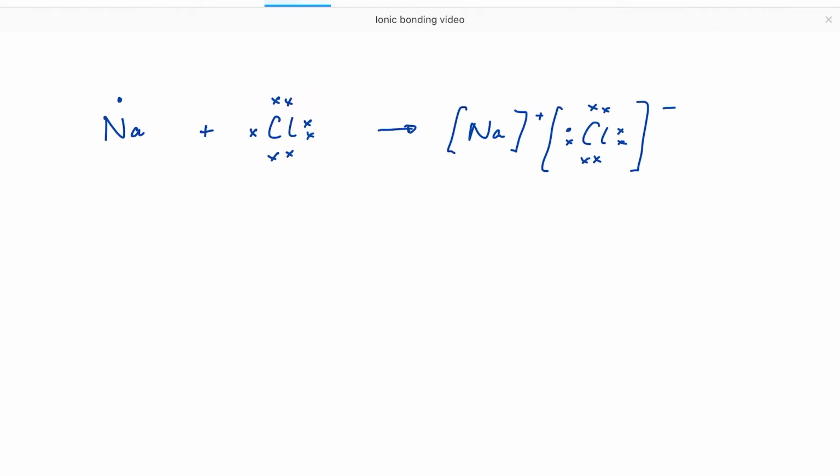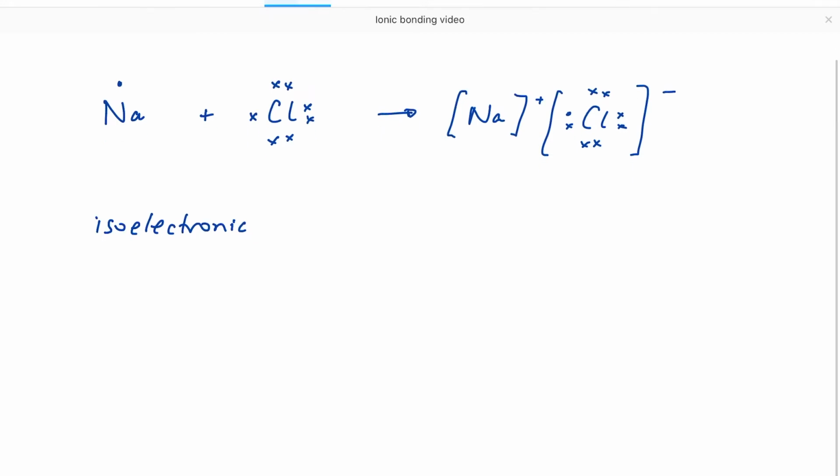Another term that you might hear at A level is that of isoelectronic, which simply means that 2 atoms or ions have got the same number of electrons. So let me give you an example. If we take the sodium ion, Na+, it had 11 electrons, it's now got 10: 1s2, 2s2, 2p6.